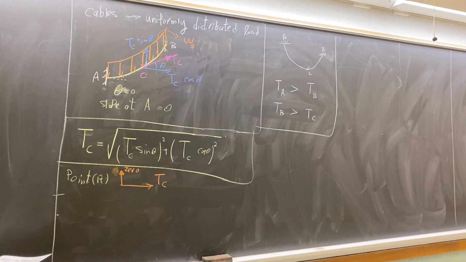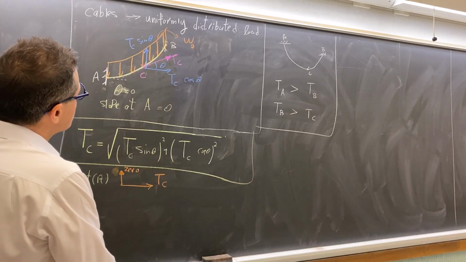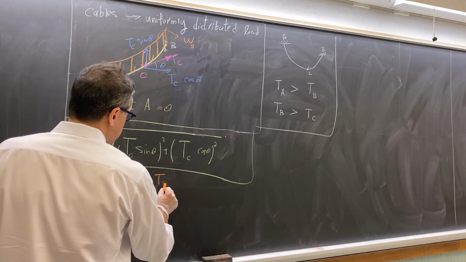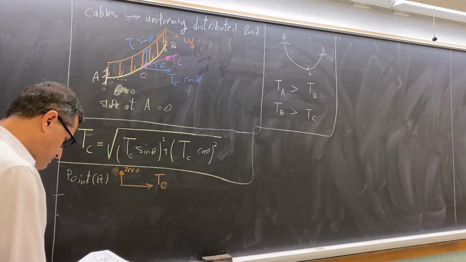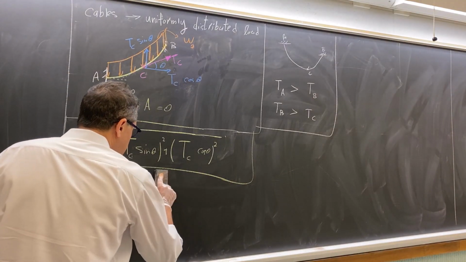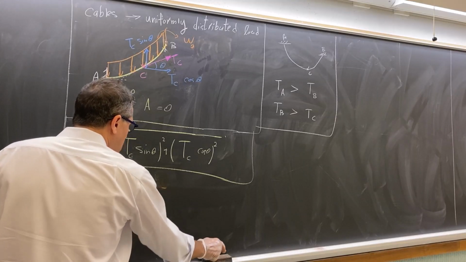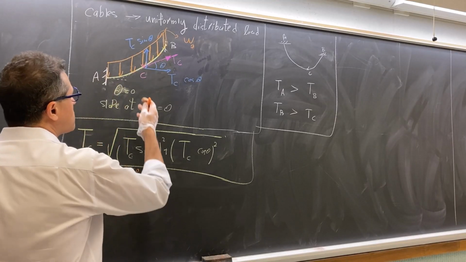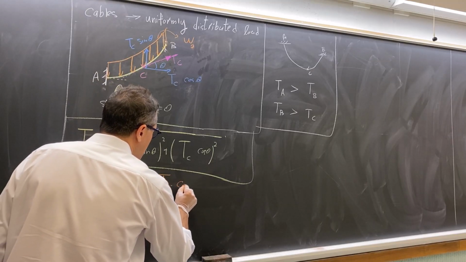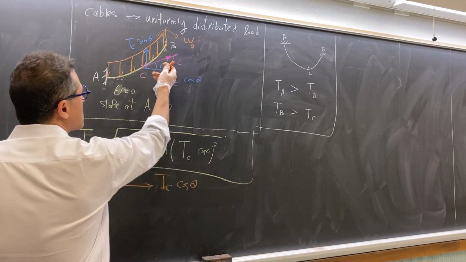This value, which is TC here, is actually T. So if I want to show it here, the horizontal component of the force along the cable is constant. So this is also equal to TC times cosine theta here.